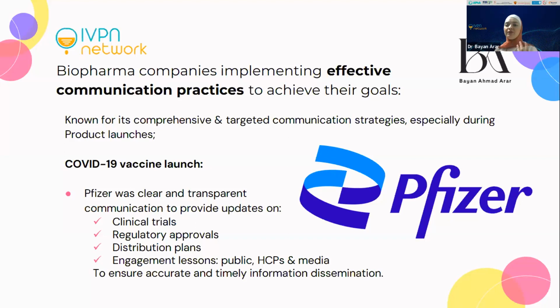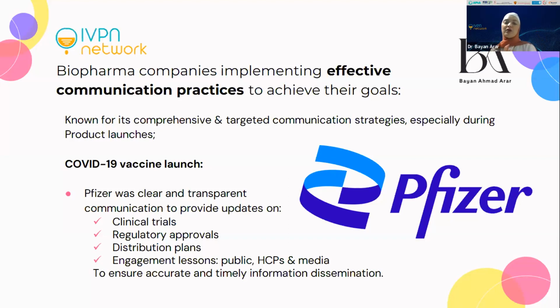Then they engaged us with the regulatory approvals. When they were negotiating with the US FDA and the US government, they were engaging us in this process, and they were collaborating with media to spread the news that Pfizer is communicating with the FDA, for example, to get the final approval of that vaccine.